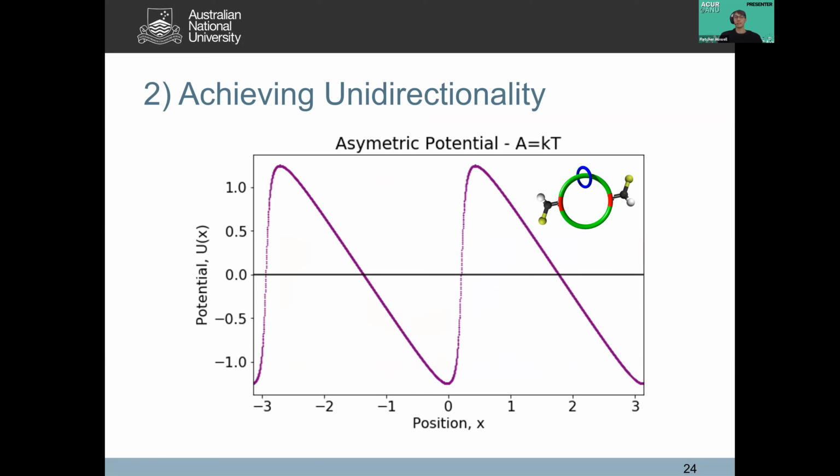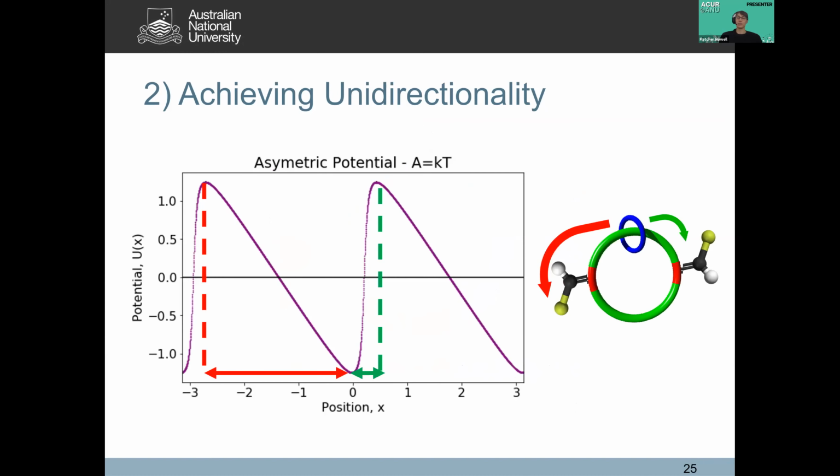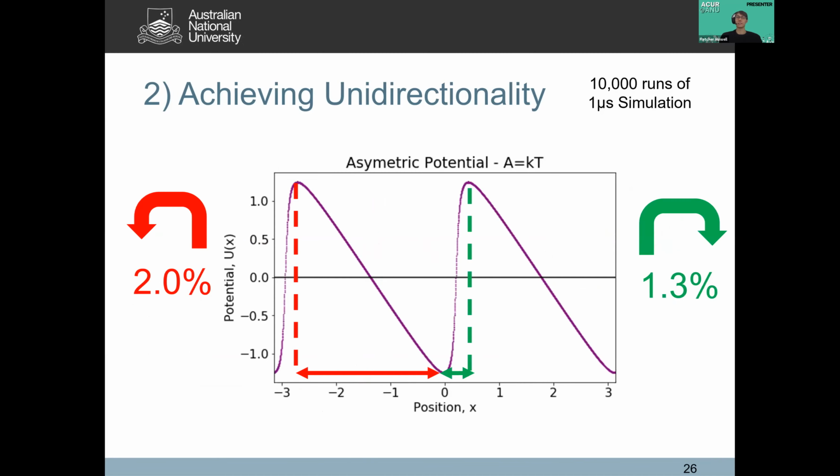It's reasonably easy to climb your way up a gentle incline. But if you get bumped to the right, where the blocking group's a bit bulkier and bigger, it's like trying to climb up a cliff face, and it's very, very difficult to do. So if we run our simulation and look at how many times our minor ring is able to climb up the gradual slope compared to how many times it can climb up the cliff face, we see that in 2% of cases it's able to get over the gentle slope, and only 1.3% of cases to overcome the cliff.